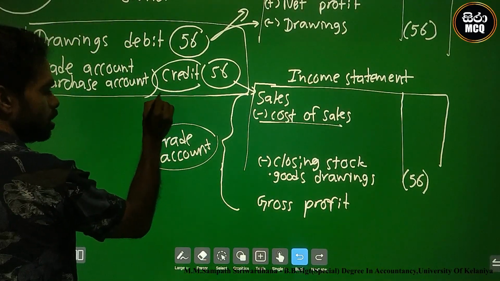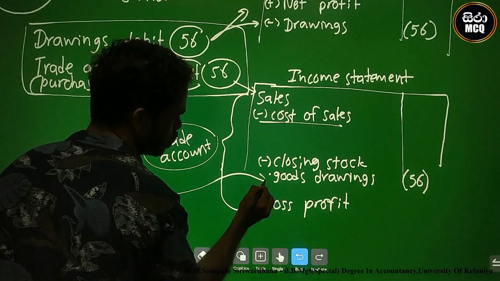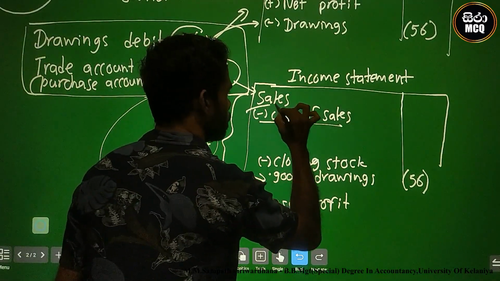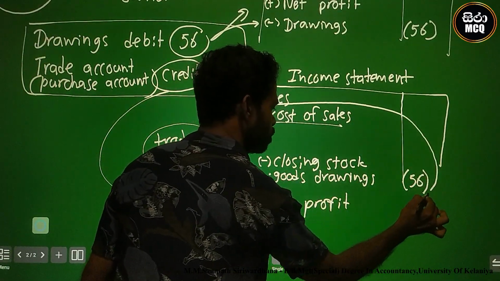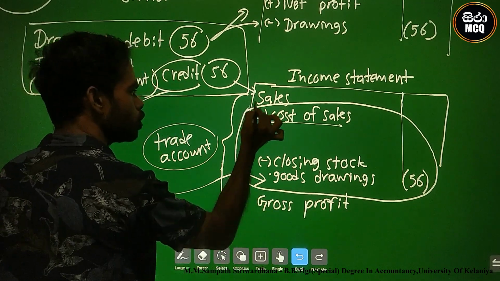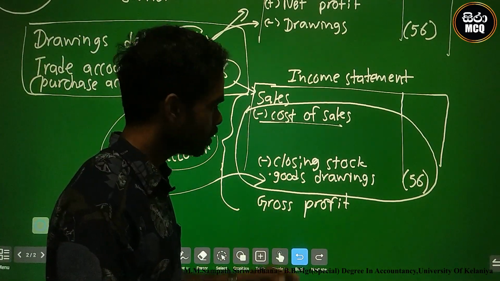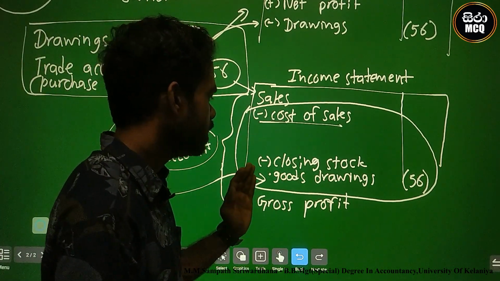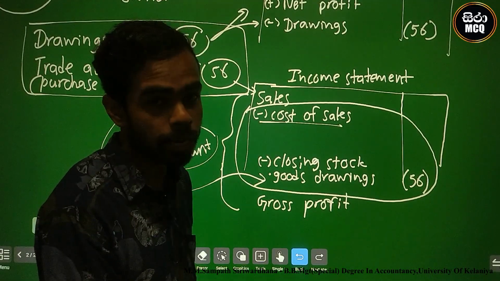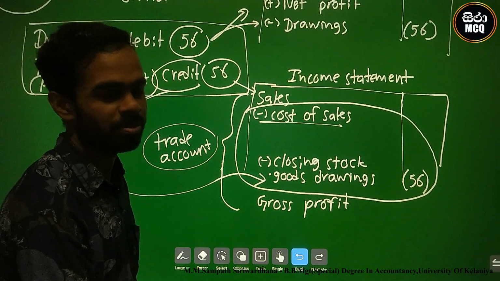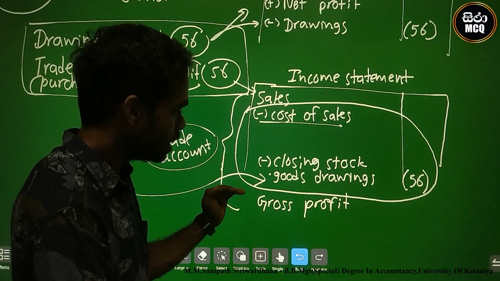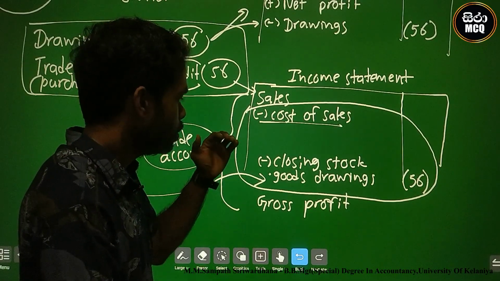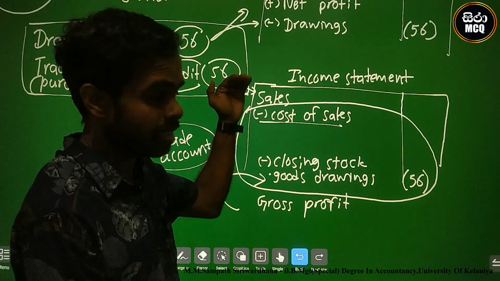This credit short is related to cost of sales. This is the kingdom of cost of sales. At this time, this short clearly impacts gross profit. Why? Gross profit is calculated using cost of sales and sales.